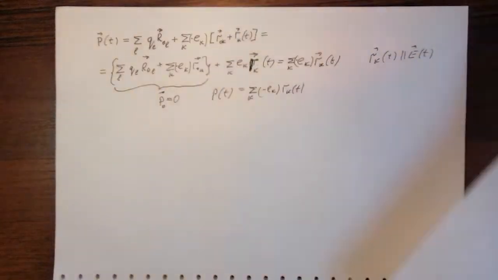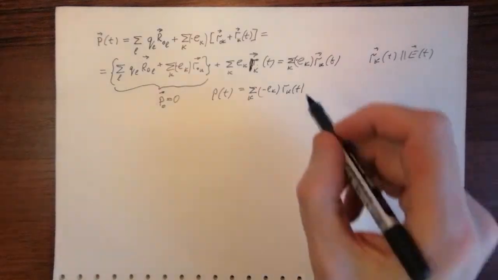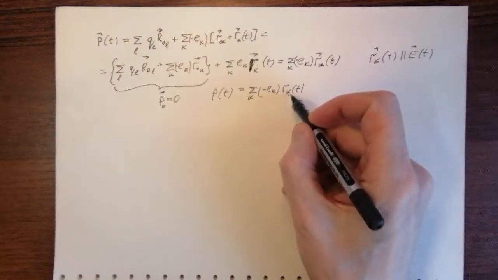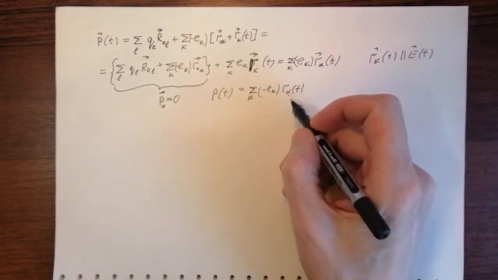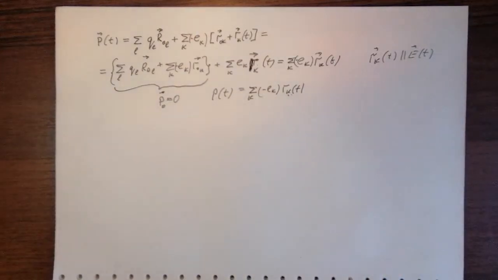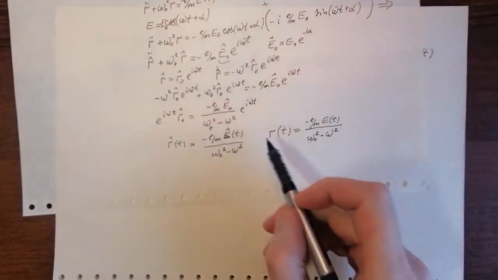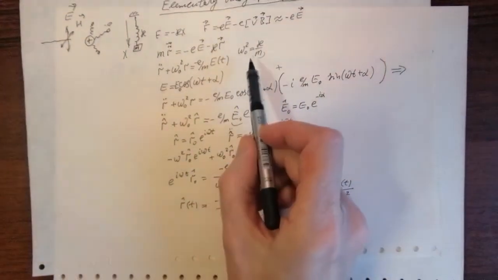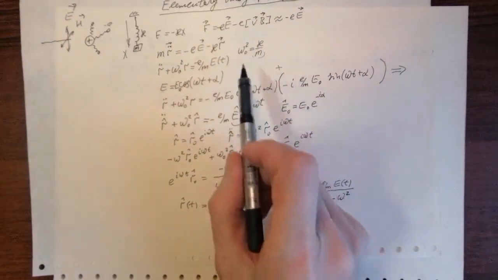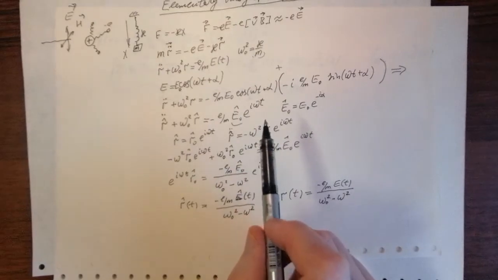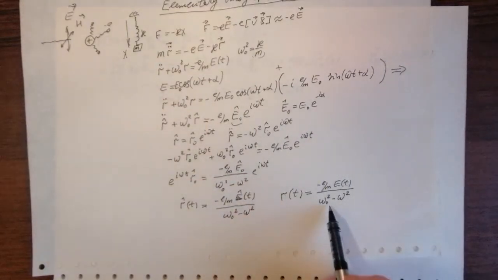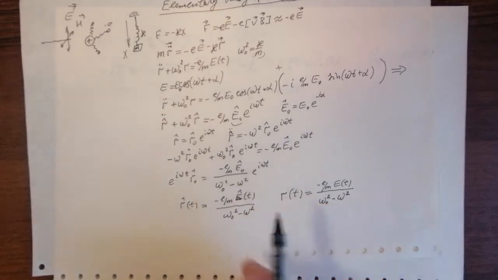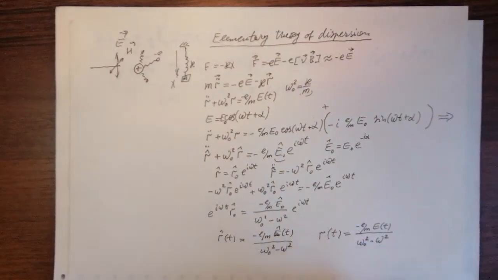So each of the electrons will have its own displacement R_k. Then what we had here, this means that to omega 0 squared we have to add symbol k in our equation.